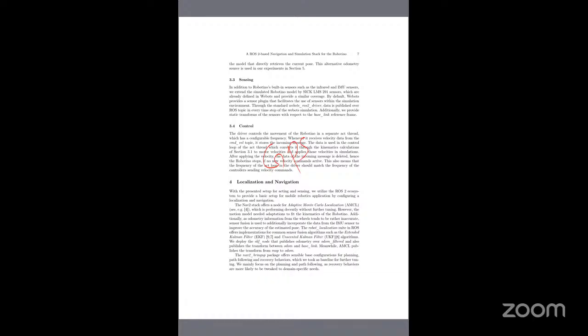So when we run the simulation, so LiDAR data will be published in ROS topic. For example, V-Boots laser scanner scan, V-Boots ROS2 driver. So this V-Boots ROS2 driver will be communicating between V-Boots and ROS2.